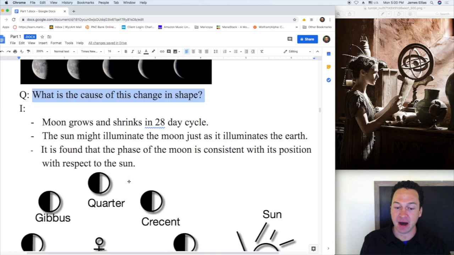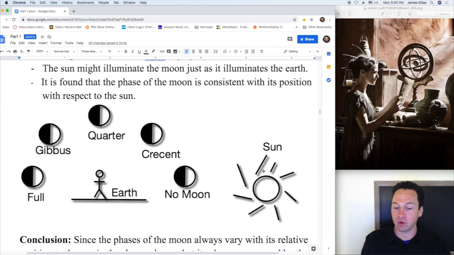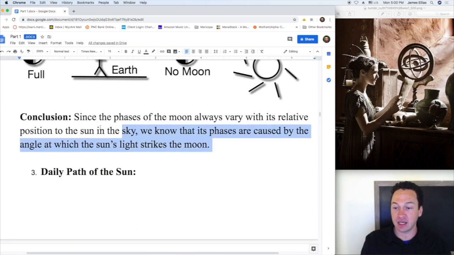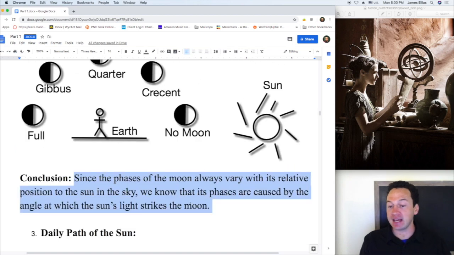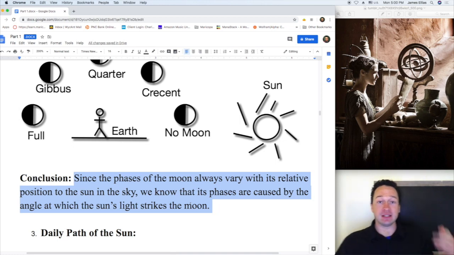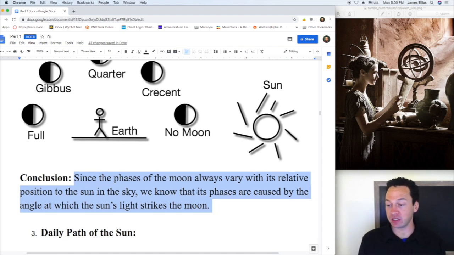Okay, this hypothesis is always consistent with what is observed. And so we see the conclusion. Since the phases of the moon always vary with its relative position to the sun in the sky, we know that its phases are caused by the angle at which the sun's light strikes the moon. Okay? And so now we know the phases of the moon. Slow and steady progress.